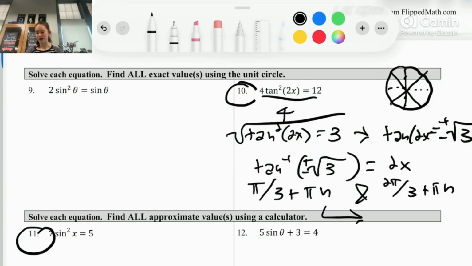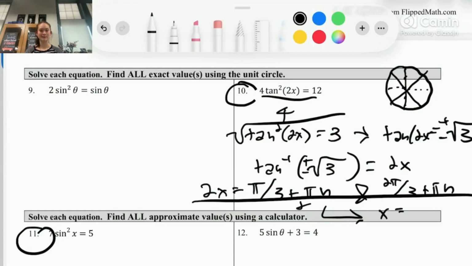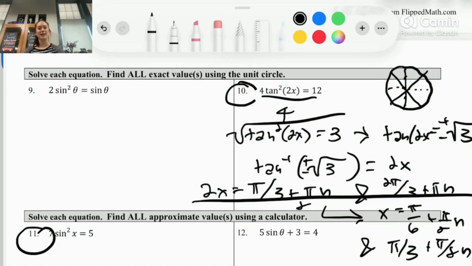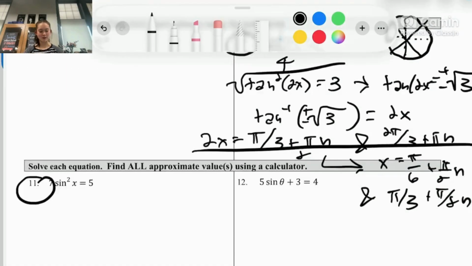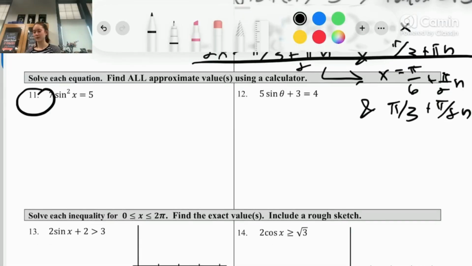And then for your final answer, x equals, oh, all of this you would divide by 2. Your final answer would be pi over 6 plus pi over 2n, and pi over 3 plus pi over 2n. Perfect.